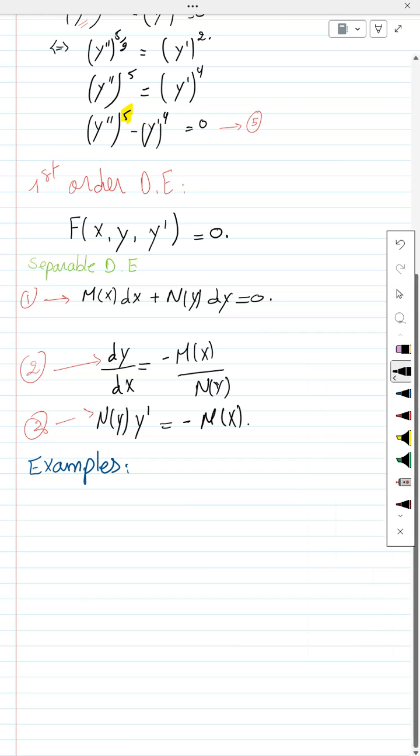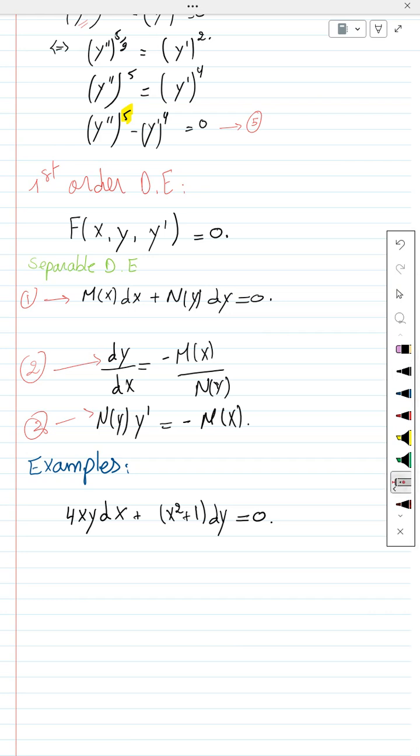Okay, let's get started with the first one. It says solve the differential equation 4xy dx plus (x squared plus 1) dy is equal to 0. As you can see, something is multiplied by dy, which is like N(y), and something is multiplied by dx. We will keep the 4x aside, and we have y, so we need to remove this y.